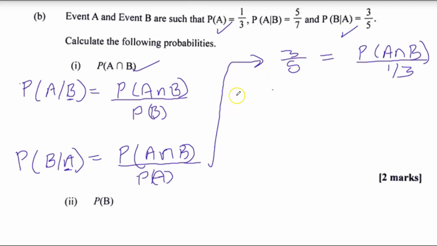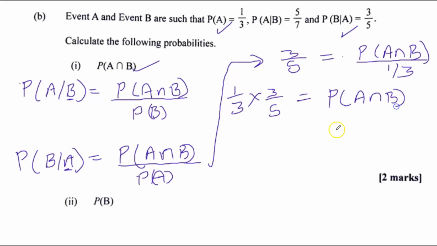So 1/3 times 3/5 equal to, and multiply the other side by 1/3. So 1/3 times the other side means 1/3 would cancel itself. So all we are left with is the probability of A intersect B. And 1/3 times 3/5, of course, is 1/5. So the probability of A intersect B is 1/5.